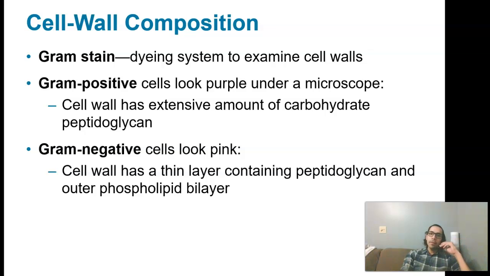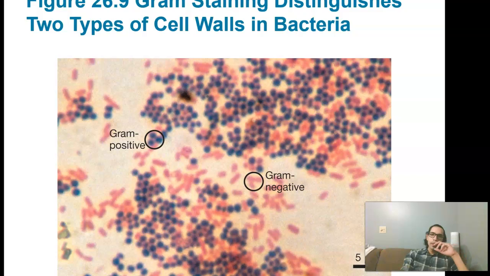When it's a gram negative, the cells are going to look pink, and that's because the cell walls of the bacteria have a thin layer of peptidoglycan, and they also have an outer layer of a phospholipid bilayer.